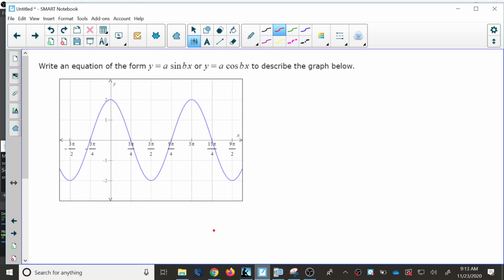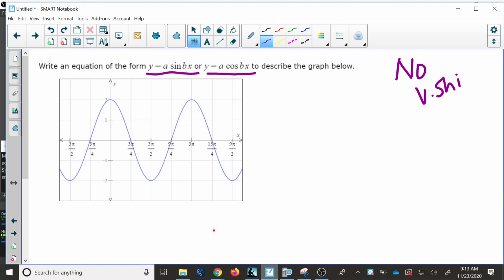In this video, we can see how we can write an equation of the form y equals a sine bx or y equals a cos bx from the graph. If you're trying to write an equation in the form y equals a sine bx or y equals a cos bx, there is no vertical shift, which is d equals 0.